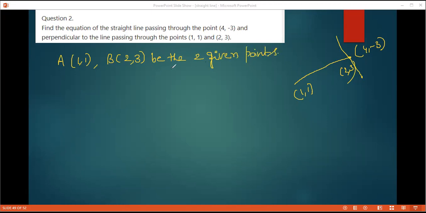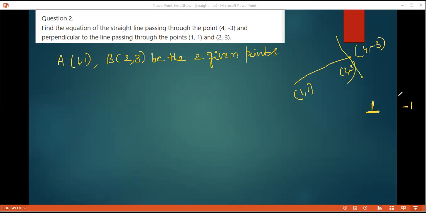If these two are given points, then we can easily find the slope, right? So what we said in earlier classes, that if the two lines are perpendicular, then their slopes multiply to -1, right? You see how it looks like? It looks like -1, right?